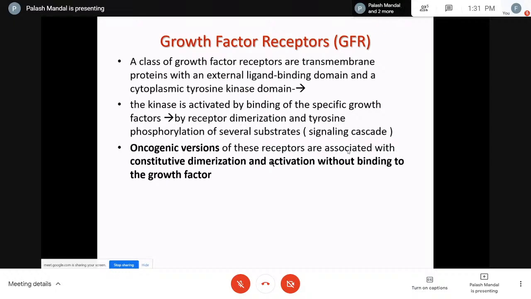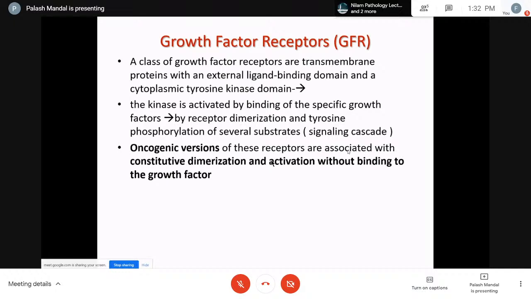The receptor dimerizes, meaning two receptors join hands, eventually leading to phosphorylation of several substrates, and this leads to the signaling cascade, which is carried through the second messengers to the nucleus, where it leads to cell growth or cell proliferation.